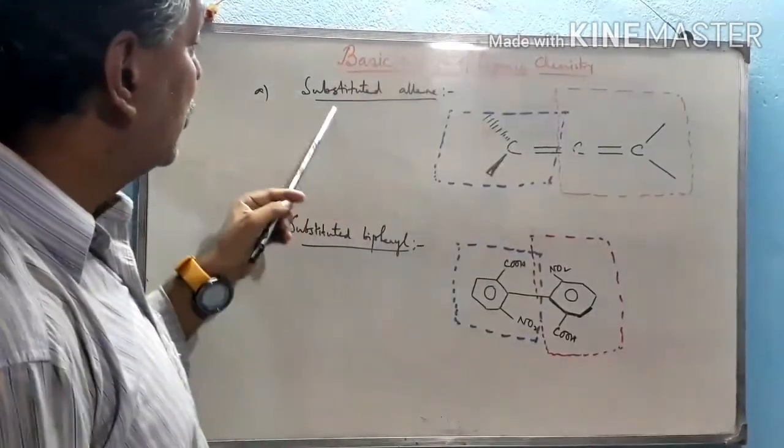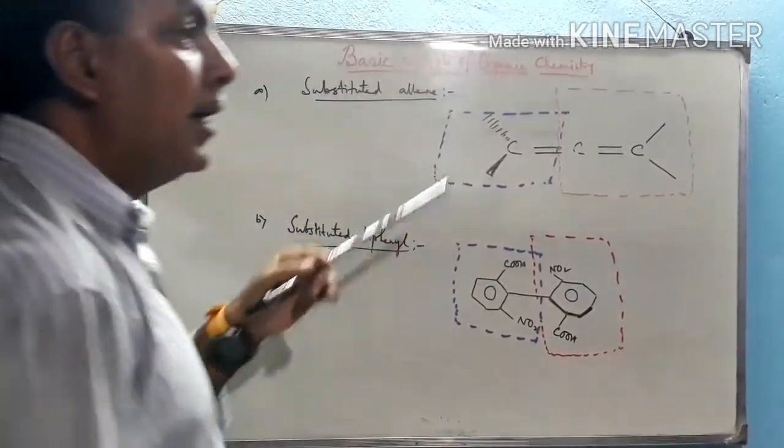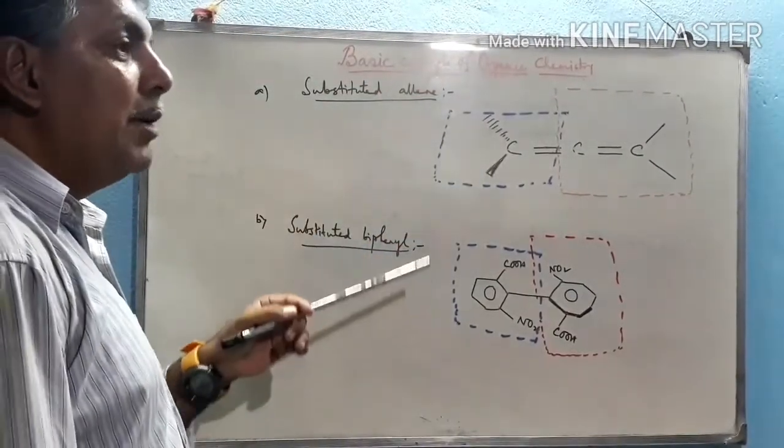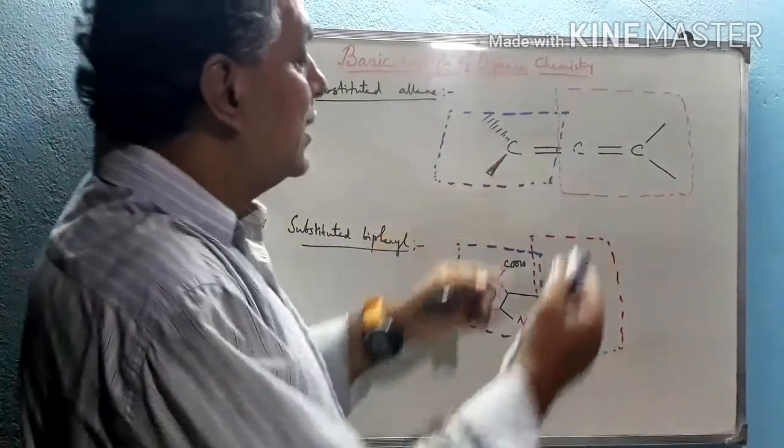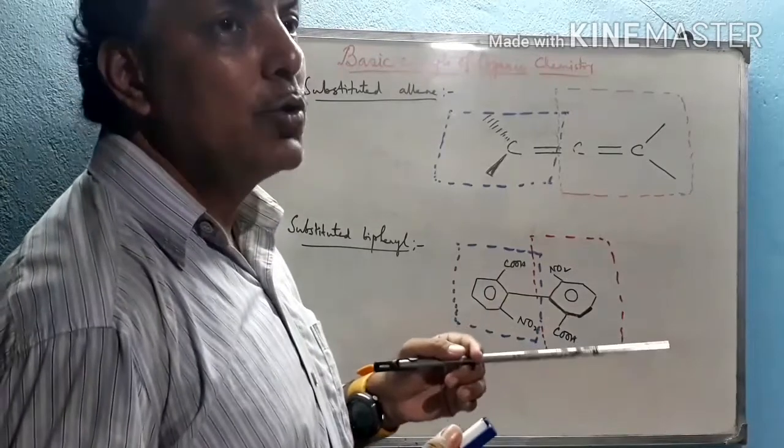Now these two are different structures, and we can assume that if any compound contains either of these two structures, then that will be an optically active isomer, though it has no chiral center.